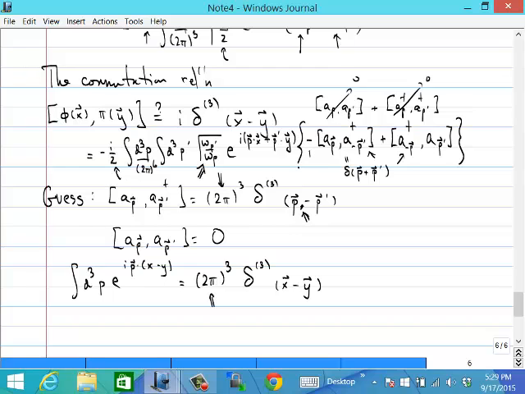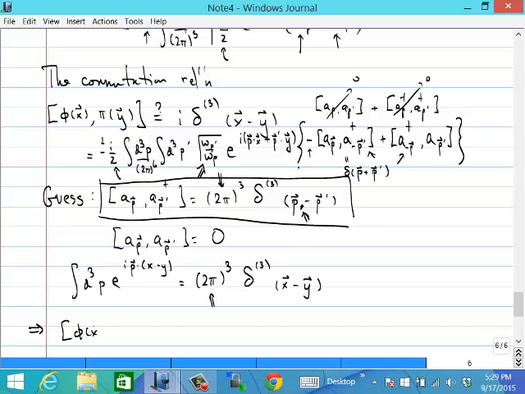There was also an overall minus sign here, which cancels that minus sign. And indeed, with this commutation relation, we find that pi and phi obey the correct canonical commutation relation.